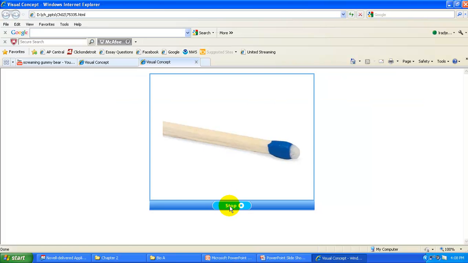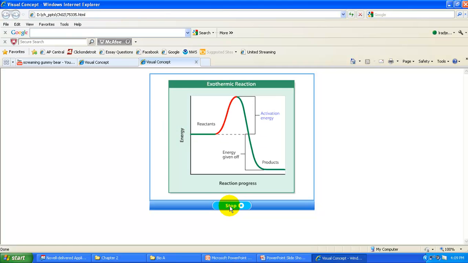The activation energy is the energy put into a system to start a reaction. While many reactions will proceed spontaneously, they still require a small input of energy to start. Matches, for example, burn, but only after energy is added through frictional heating caused by rubbing it on a rough surface. In other reactions, activation energy may come from heat, light, electricity, or any other energy input to the reaction system.